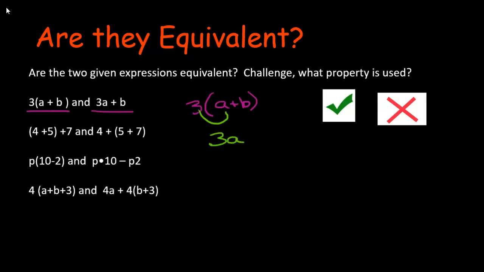And I have to multiply 3 times B. I'm going to get 3B. Oh, 3B. That's a B. Let me erase that and try again. That's a total mess. 3B.